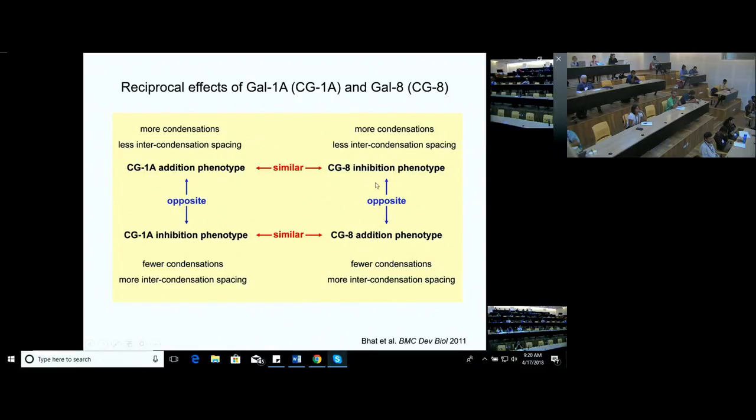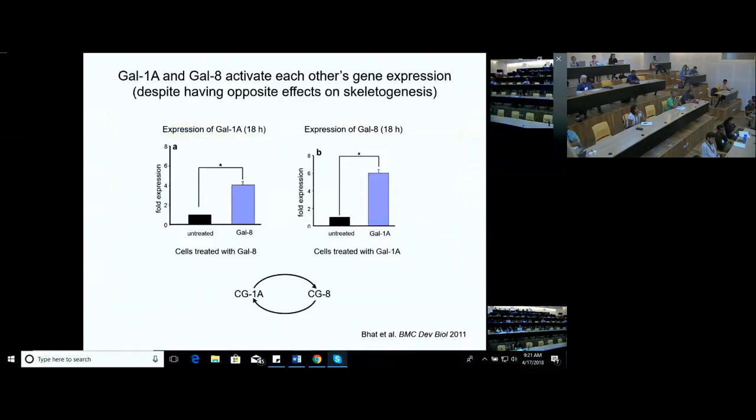And we looked at numbers of condensations, amount of intercondensation spacing in all these cases. And all of these effects were reciprocal. Okay. But we also found that galectin 1A and galectin 8 activate each other's gene expression, despite having opposite effects on skeletogenesis. So what does that mean?